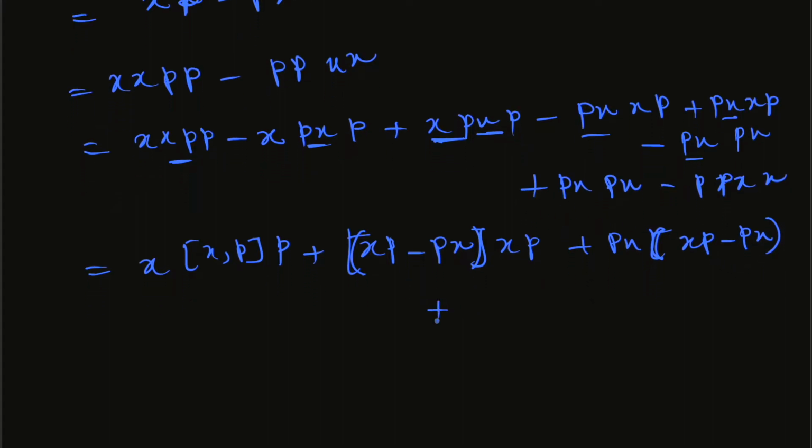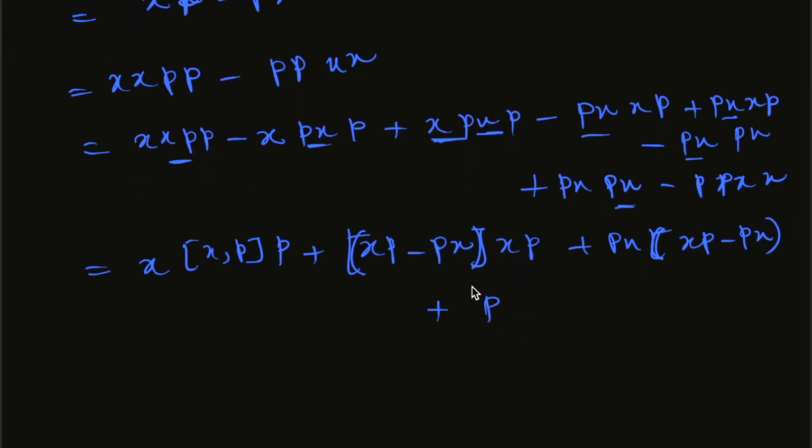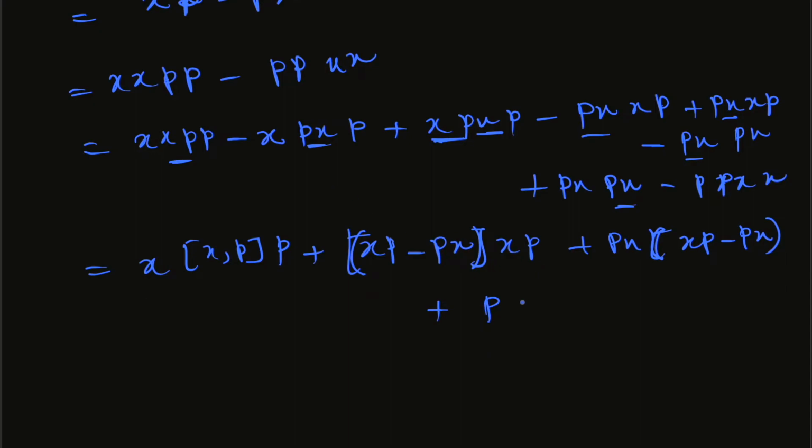Now here plus px, this will be px. No, this will not be px. This term will be xp minus px x.